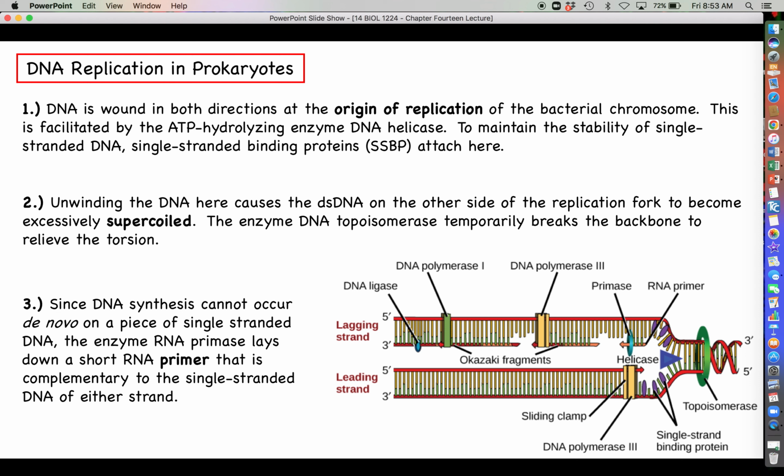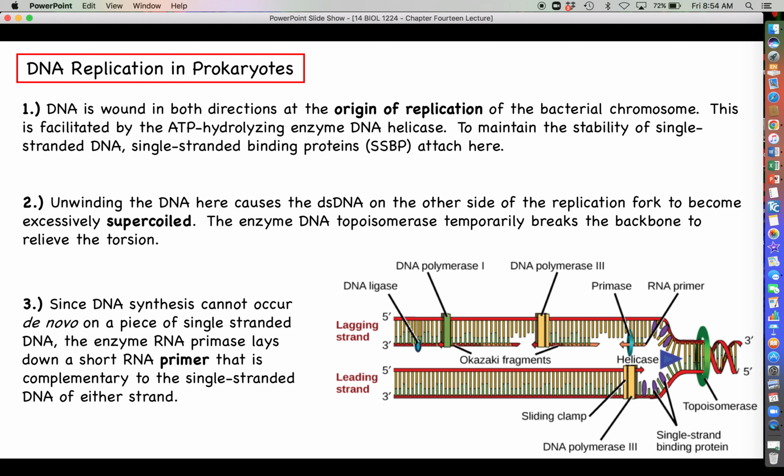And then another issue that we run into here is that since in the laboratory setting we said that we need primers to bind to the DNA, and since we don't have those primers just floating around on their own inside of the cell, we need an enzyme to synthesize these primers. The idea here is that DNA polymerase, the enzyme that catalyzes the extension of DNA, cannot synthesize DNA de novo, meaning from nothing. So DNA polymerase will only bind to DNA at what we call a primer template junction.